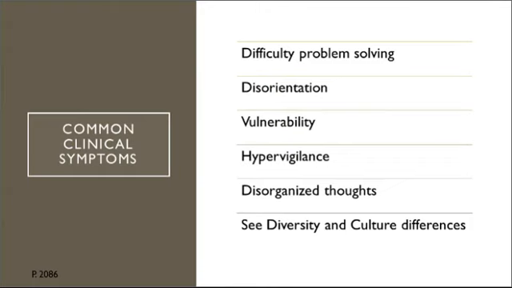Common clinical symptoms, on the top of page 2086: difficulty problem solving, disorientation, vulnerability, hypervigilance, that's very aware, disorganized thoughts, intense emotional reactions, intense physical reactions depicted in fight or flight response.